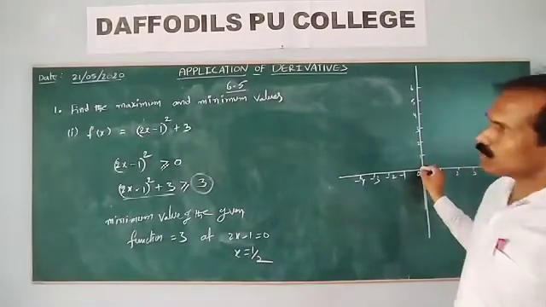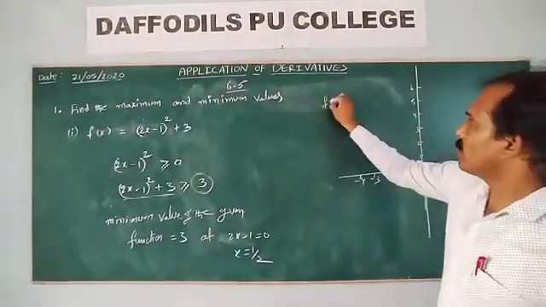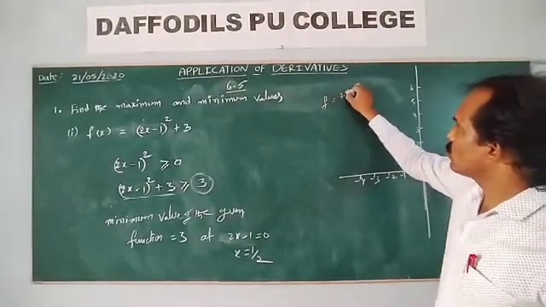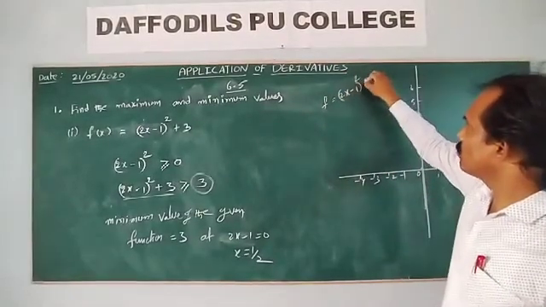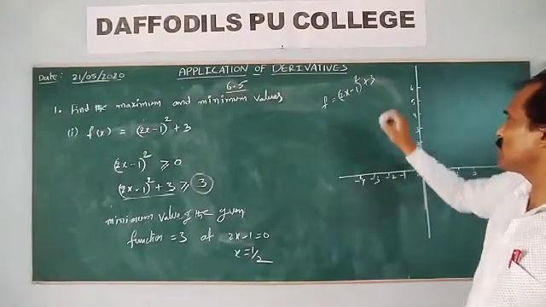Right. Put x is equal to 0 in this function, f is equal to 2x minus 1 whole square plus 3. Minus 1 whole square is plus 1, plus 1 plus 3, 4.